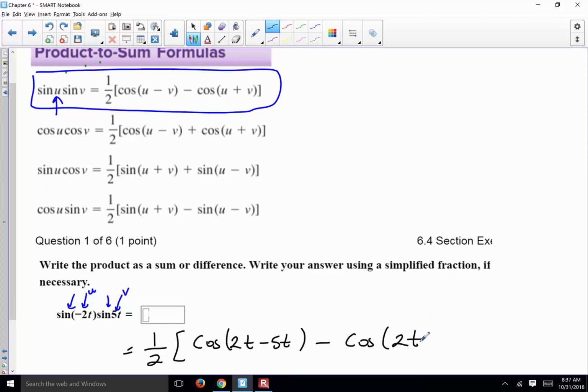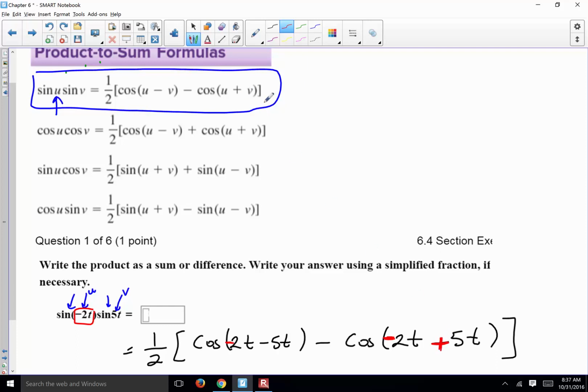Alright, u is 2t, v is 5t. Yes, u is the entire thing you see inside, it's negative 2t. Any more mistakes? There's one more. The second one must be positive.